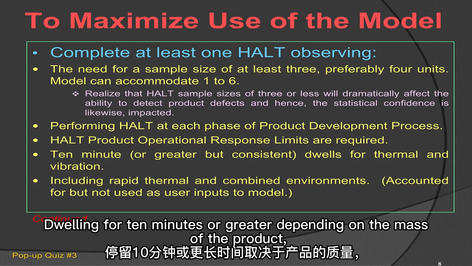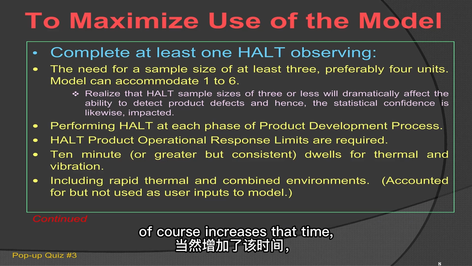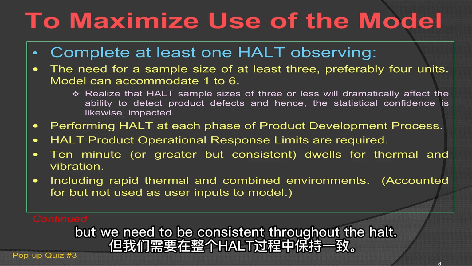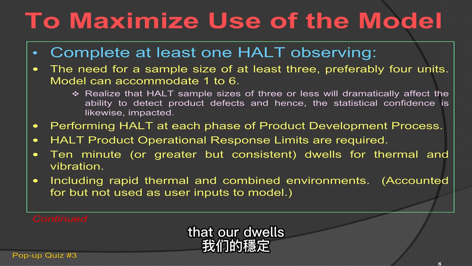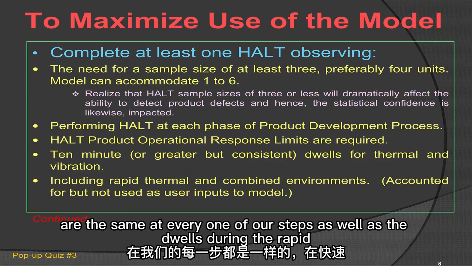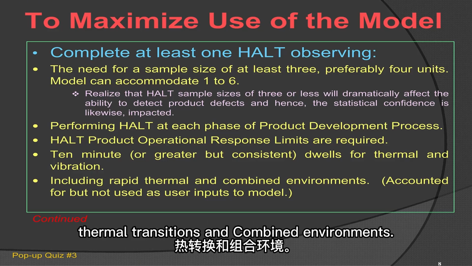Dwelling for 10 minutes or greater, depending on the mass of the product, of course, increases that time, but we need to be consistent throughout the HALT, whether we're doing thermal or vibe, that our dwells are the same at every one of our steps, as well as the dwells during the rapid thermal transitions and combined environments.